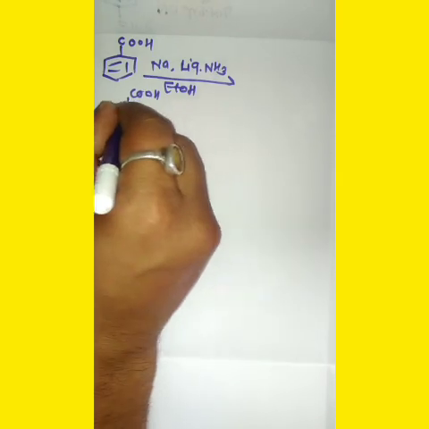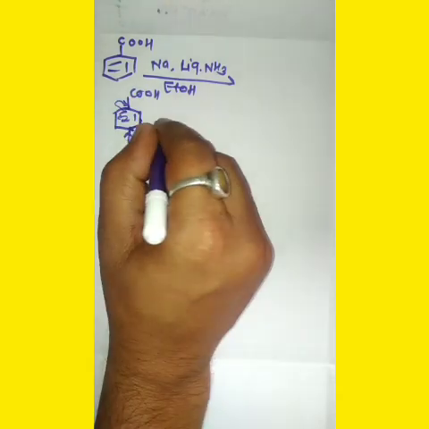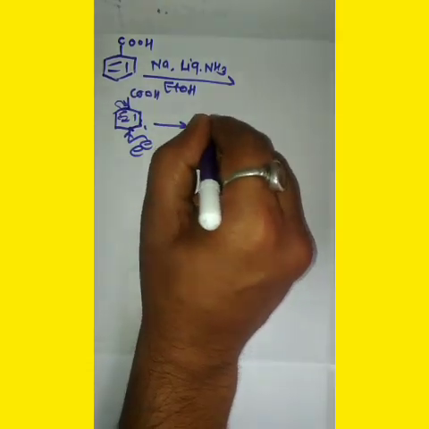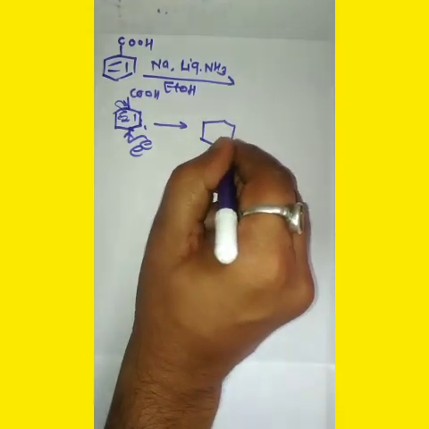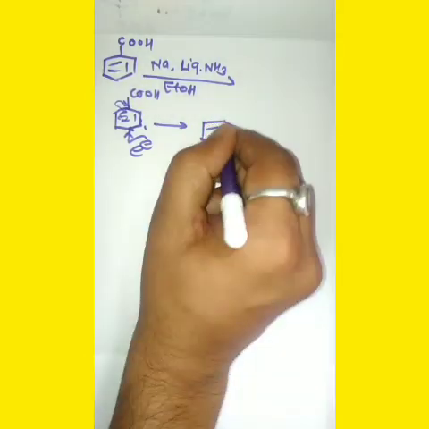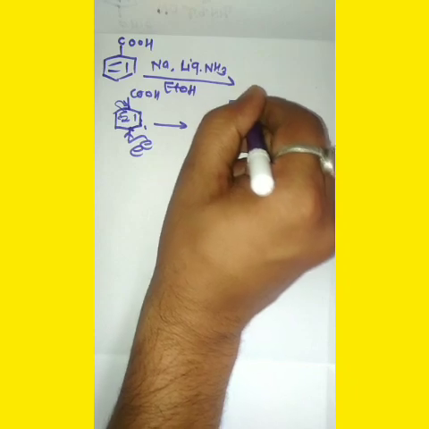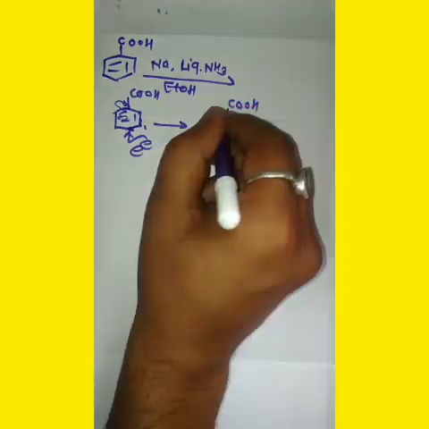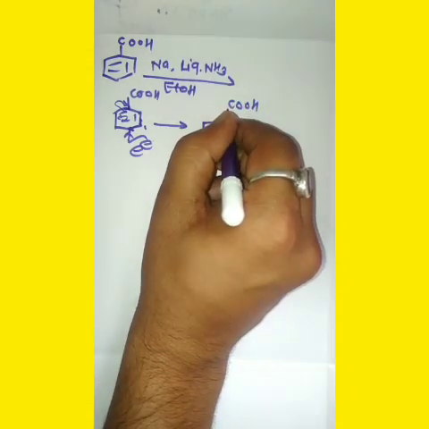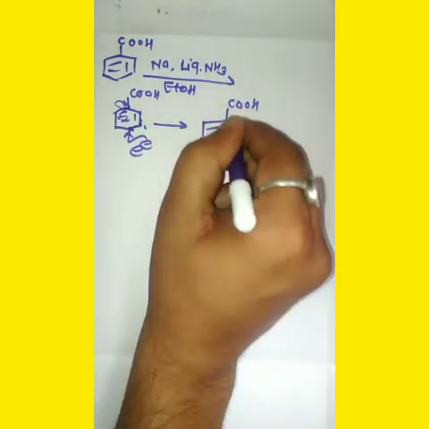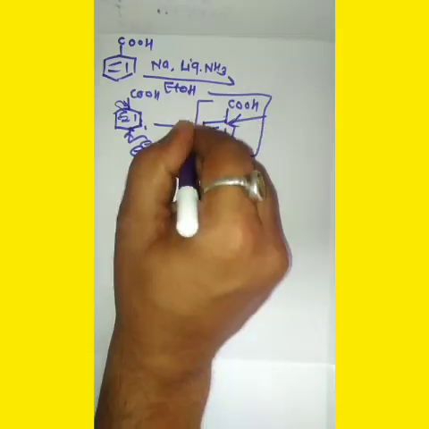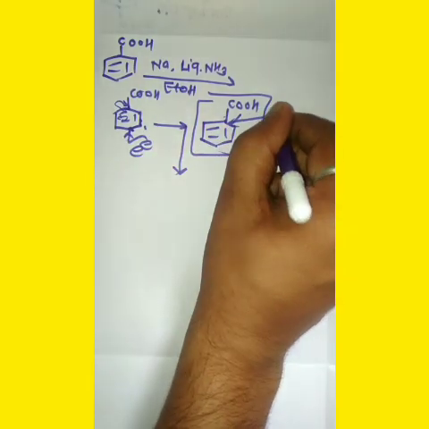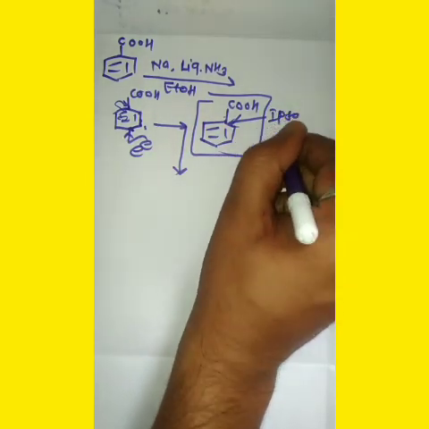So we get an intermediate that can stabilize the negative charge at the ipso position. Ipso position means the position where the substituent, the functional group, is attached. That is the ipso position.